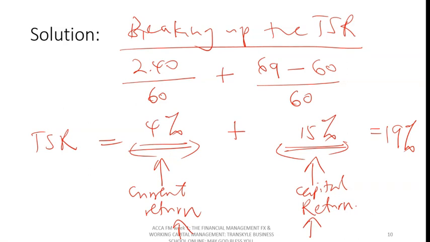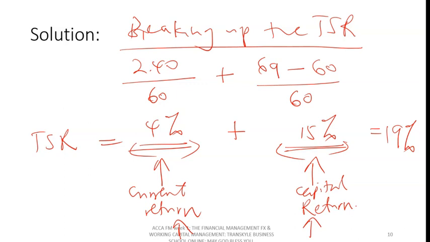Okay. So basically, the current return is telling us about the profitability of the company in the short term, whereas the capital return is telling us about the movement in the share price, which is something that is a long-term forecast.